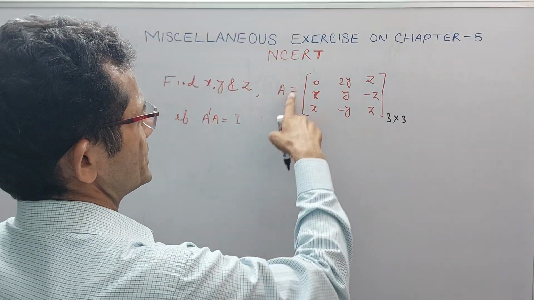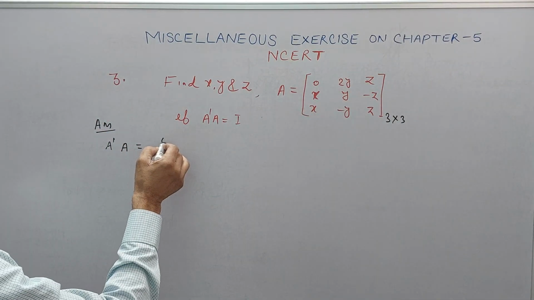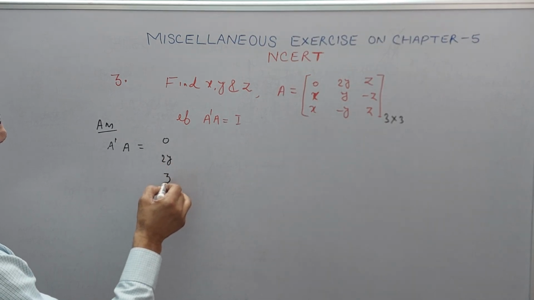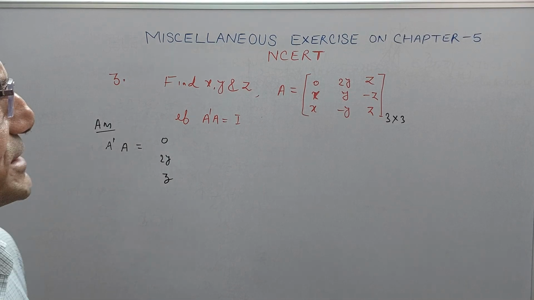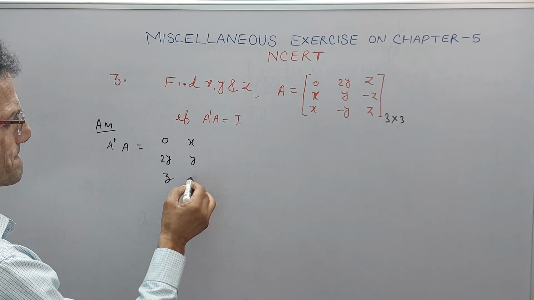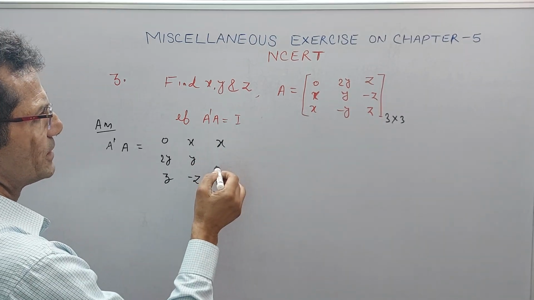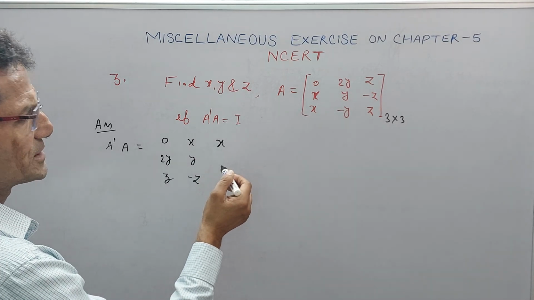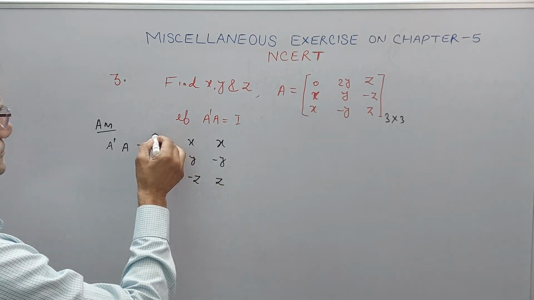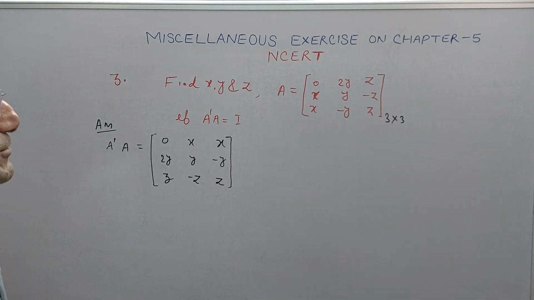Now in the transpose of A, rows become columns. The first row is 0, 2y and z, the second row is x, y, minus z, and our third row, which was the third column, becomes x, minus y and z. And this is multiplied with the matrix A.